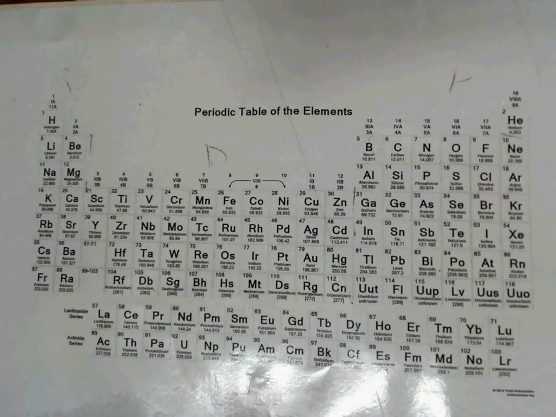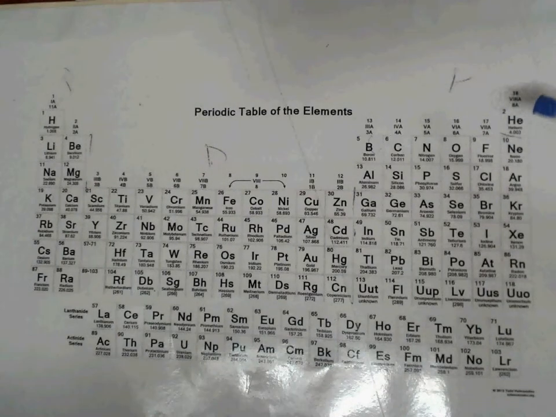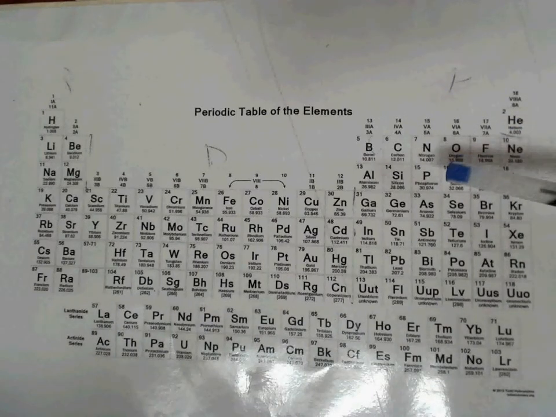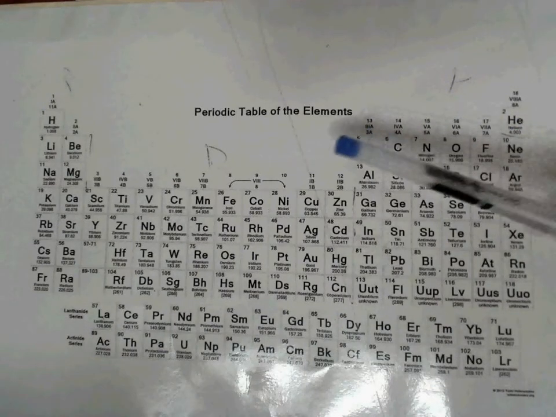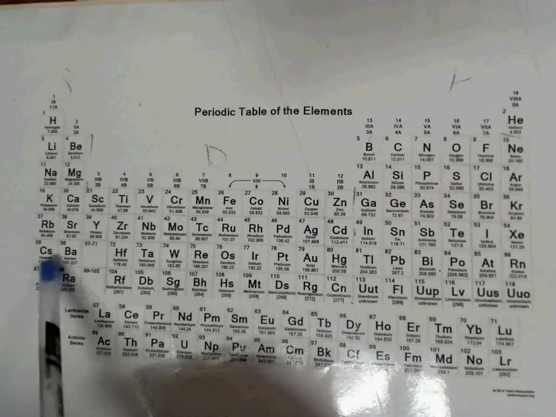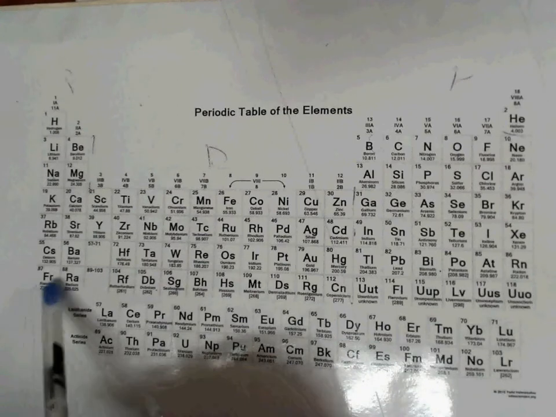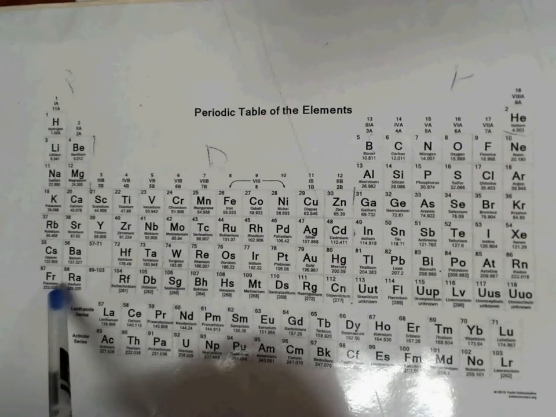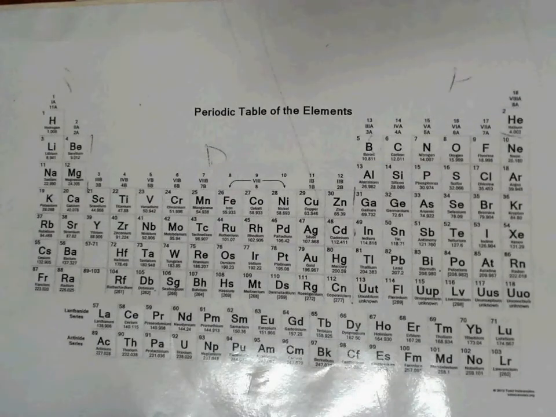Electronegativity. Well, electronegativity will decrease as you go down a group, and it'll increase as you go across a period. So, just like the ionization energy here is low, so is their electronegativity.